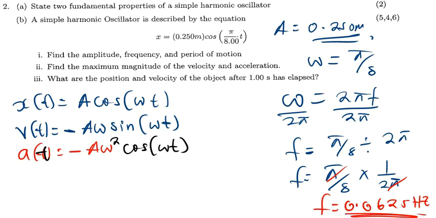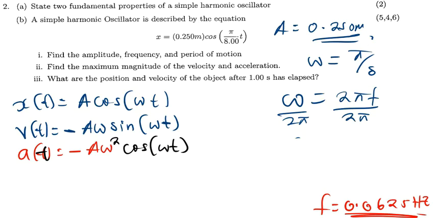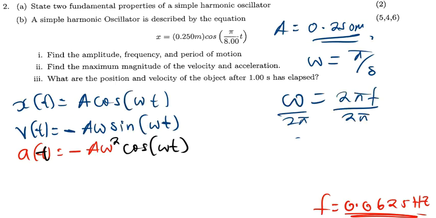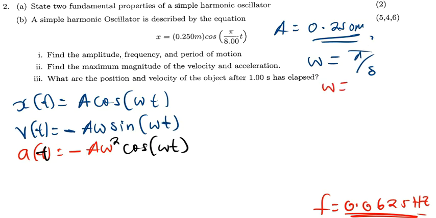Now sometimes if you don't want to do this complicated stuff, what you can do, guys, is plug in the values and find the angular frequency. What is pi divided by 8? That is 0.393 rad per second.